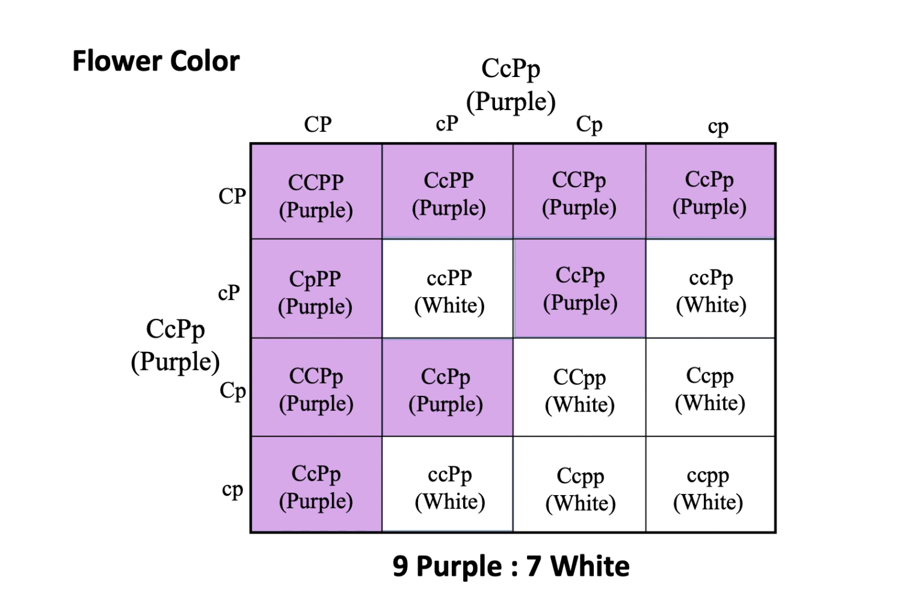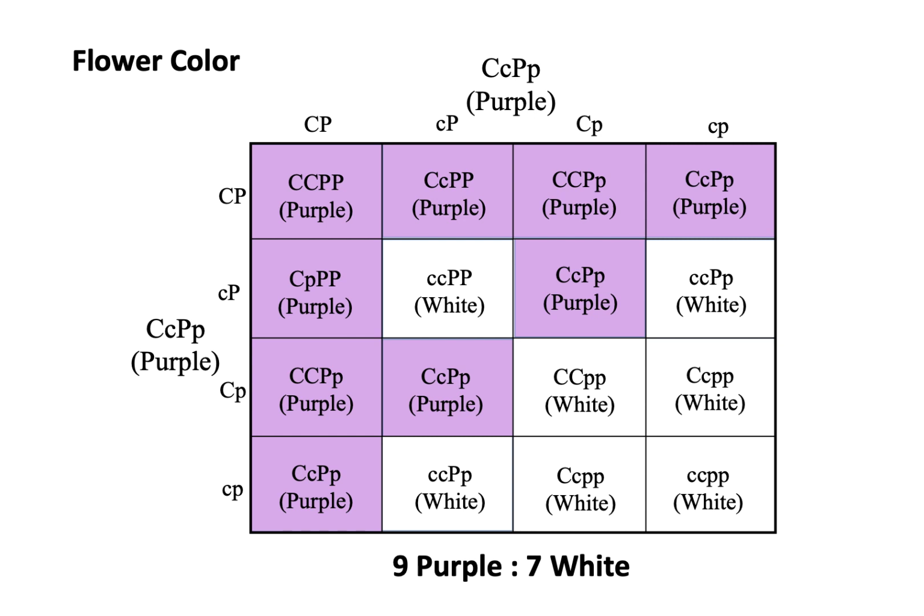Here is another example, in this case for flower color. Again, the dominant allele is needed for both genes, both the color gene C and the purple color P gene. So as long as you have at least one dominant allele of each of the genes, the C and the P, then you get a purple color.